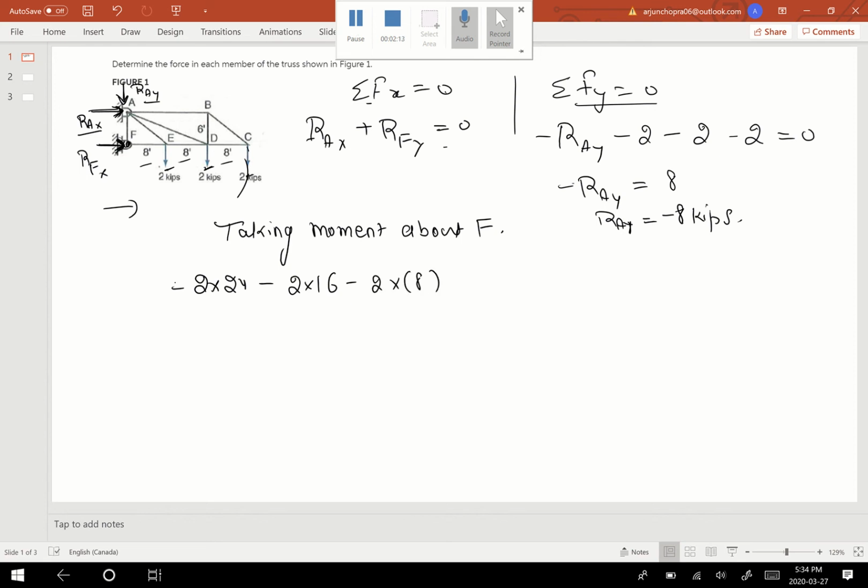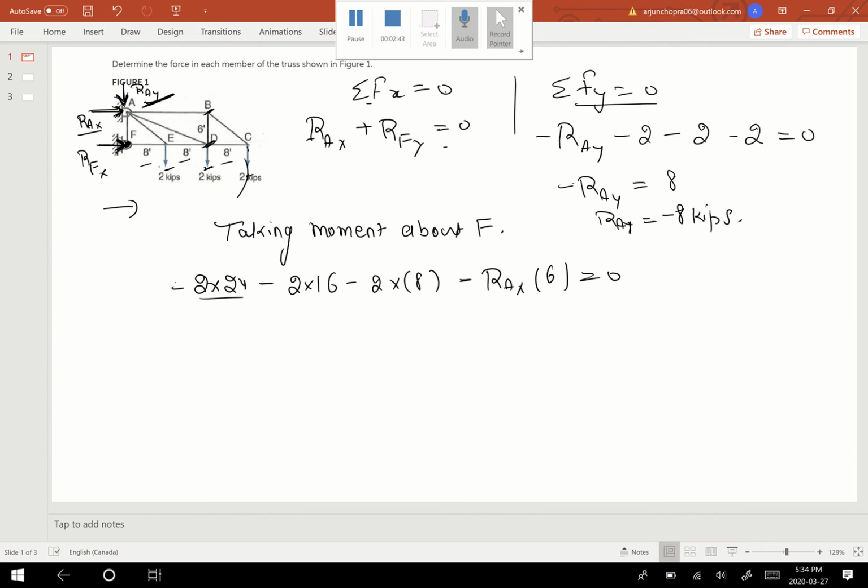And is there any other force? RAY has the same line of action through point F, so there is no perpendicular distance for RAY from this point, so I won't consider that force, but RAX I will consider. RAX is also in the clockwise direction, negative RAX times this distance, which is given as 6, equal to 0.